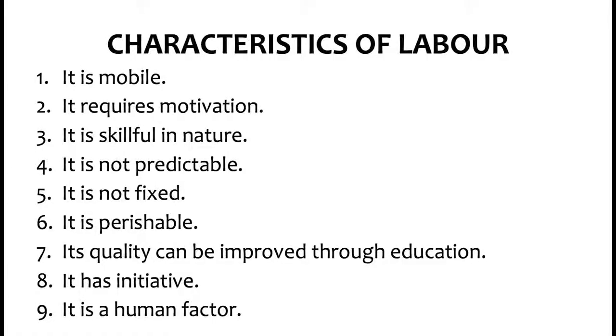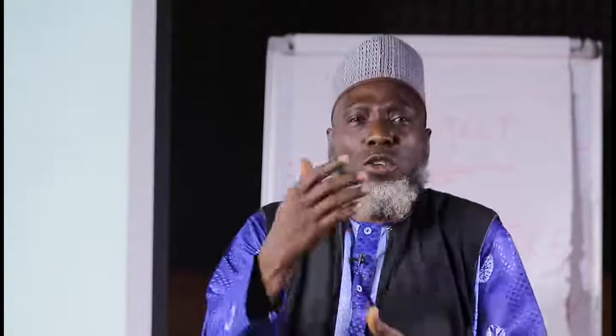If you need less, you can at any time reduce the number and have what you really need. Number six, it is perishable. When we talk about perishable here, we are talking about human beings. As a result of age, they begin to diminish. And that's what we mean by being perishable.